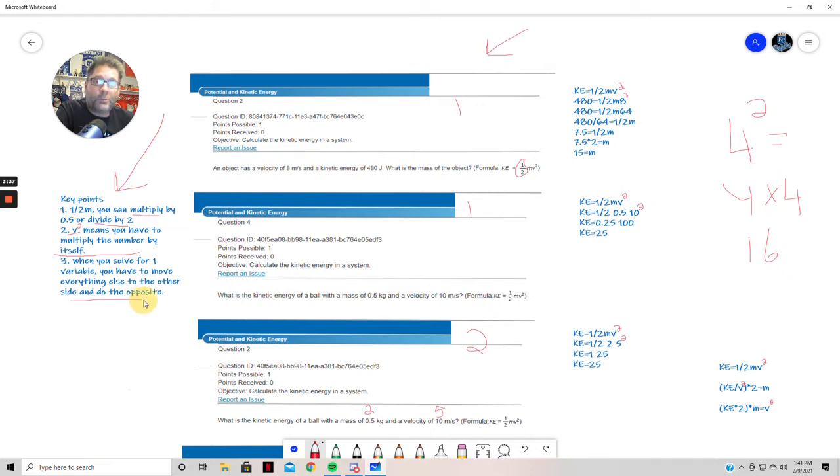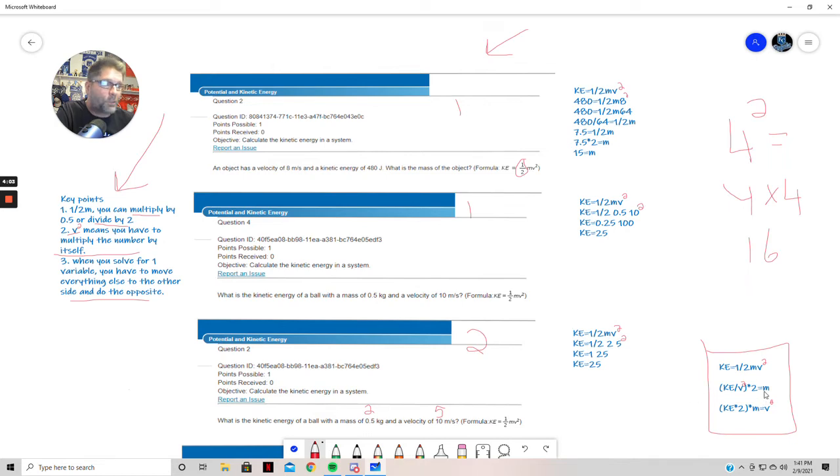And the last one, where the algebra really comes into play, is when you're going to solve for one variable, and I put those down here. You have to move everything over to the other side and do the opposite sign. So for example, when you're just solving for kinetic energy, which 2 of the problems do, actually it might even be 3, it's just a straightforward formula. They've given you that one.